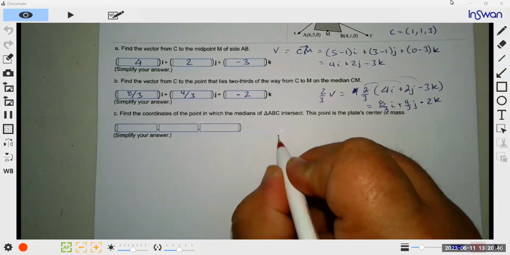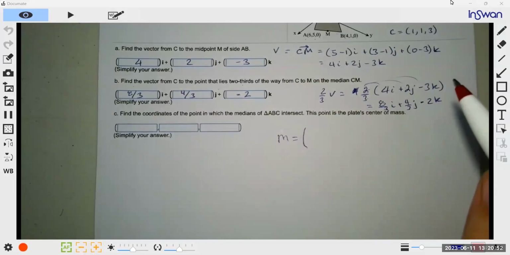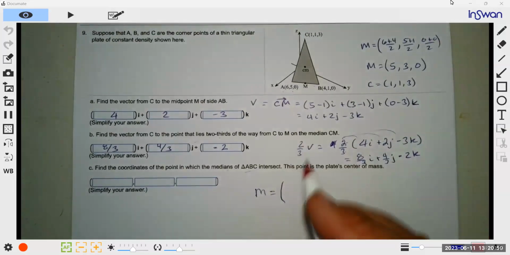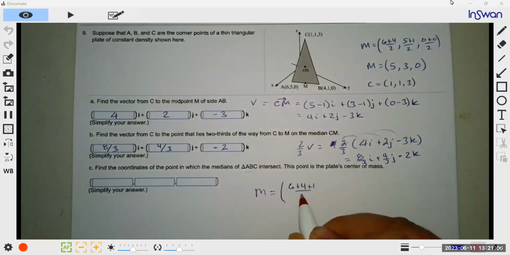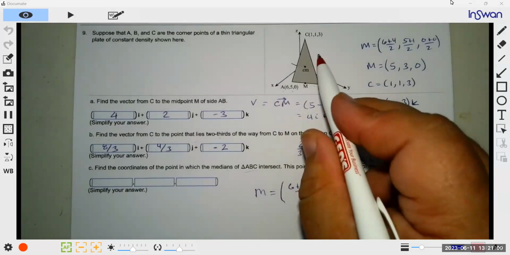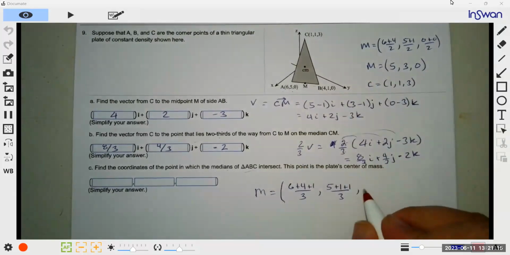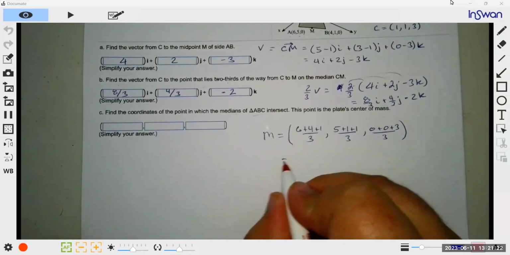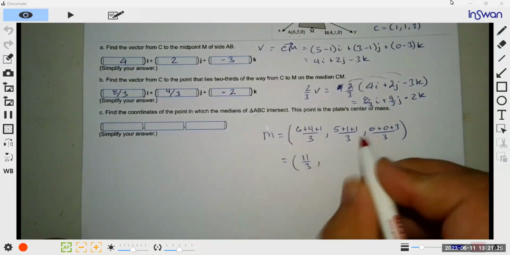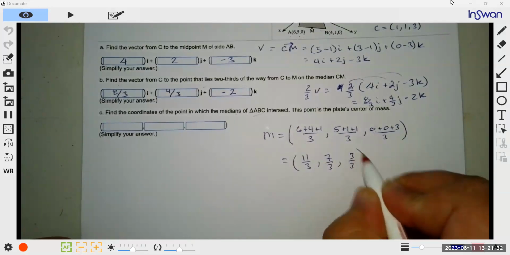All that really means is we're looking for the average of the points A, B, and C. So let's take the x values 6, 4, and 1, divided by 3; 5, 1, and 1, divided by 3; 0, 0, 3, divided by 3. 11 over 3, 7 over 3, 3 over 3, which is just 1.